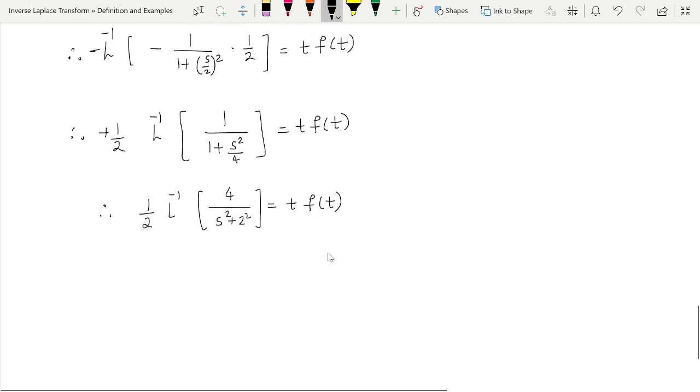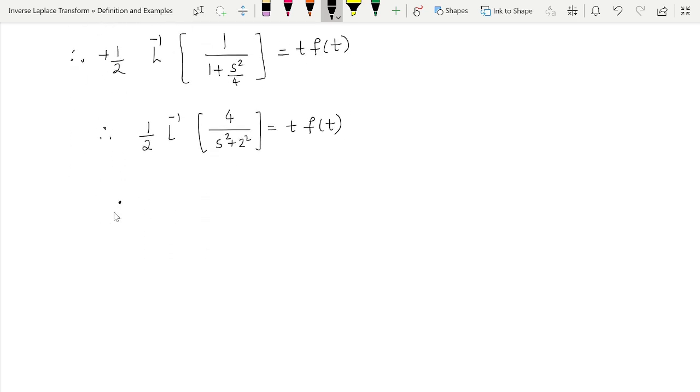Let us take that 4 out as well. So outside we will have 2, and what is L inverse of 1 upon s square plus 2 square? That will be cos, right? Sorry, sine. So it will be 1 upon 2 sine of 2t, which is equal to t multiplied by f of t.